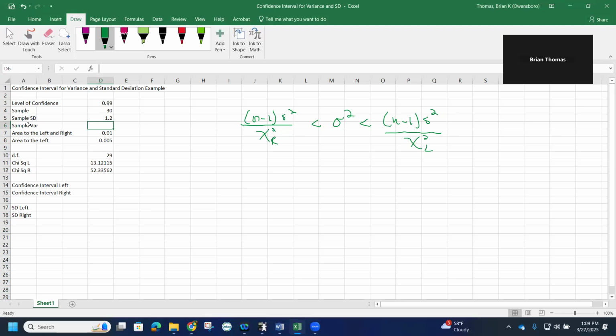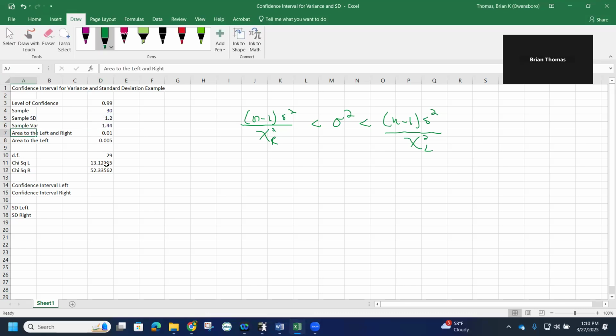So the sample variance is actually going to be the sample standard deviation squared. So if I hit equals, I could choose that cell and raise that to the power of 2. There's a little caret above the 6. That's squares. Hit enter. So there's the sample variance.